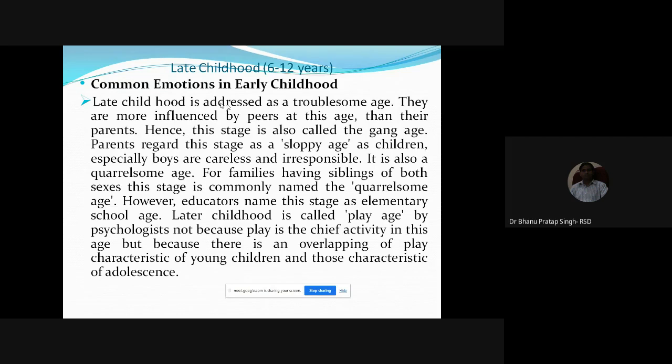The name given to this age is gang age. Parents regard this age as a sloppy age, as children, especially boys, are careless and irresponsible. They come from school and leave the bag on the bed.